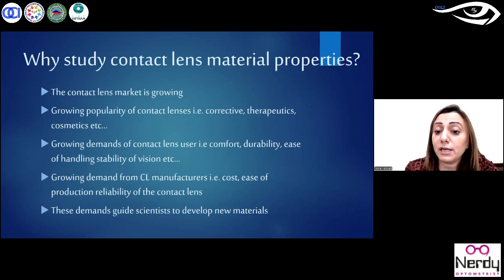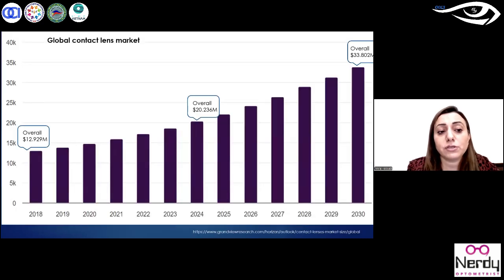They care about the ease of production of these lenses to provide them to their customers. So these demands guided scientists to develop new material and to pay more attention to lens material.